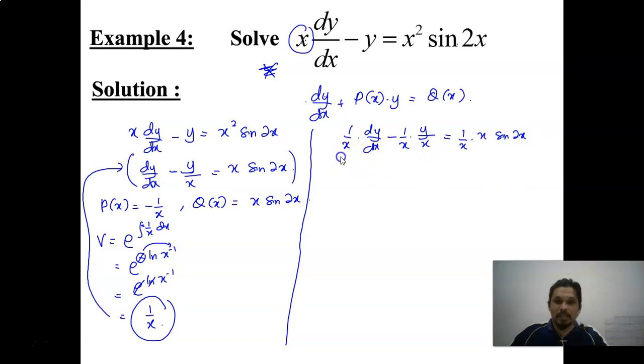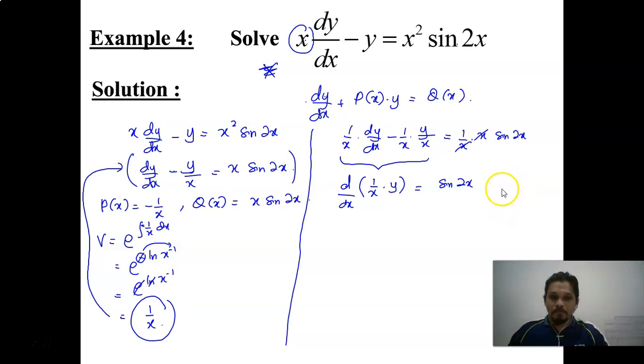Look at this one here. Now we can simplify this in the form of d/dx of the integrating factor 1 over x multiplied with y, equal to x divided by x, and you come up with sine 2x.